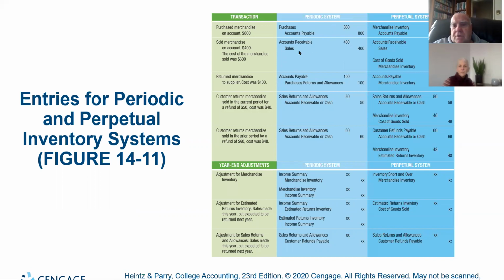A sale on account. Under the periodic system, you record the sale the same way as you do in the perpetual, but look at the key difference. You also have to record the cost of goods sold. And the cost of goods sold is what we paid for this item that we just sold.